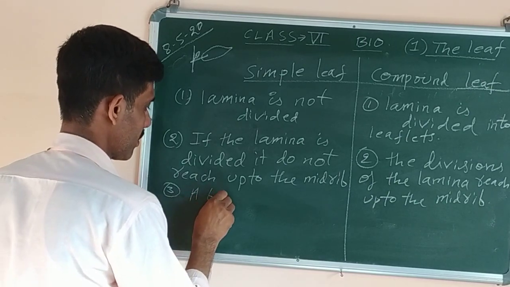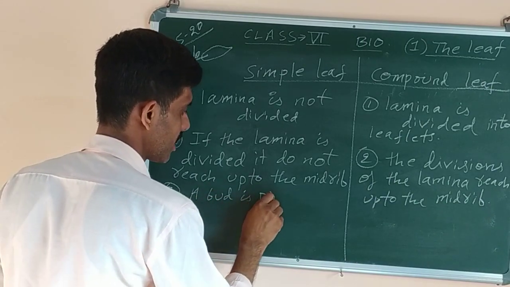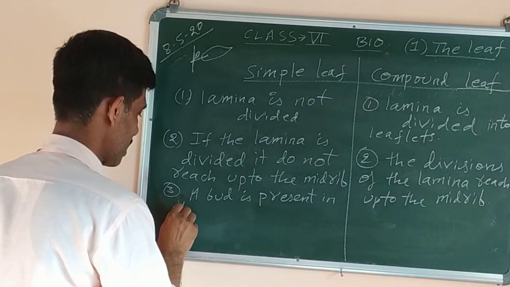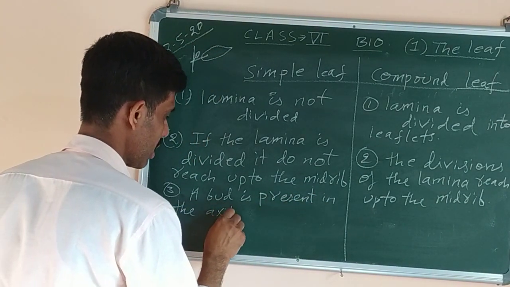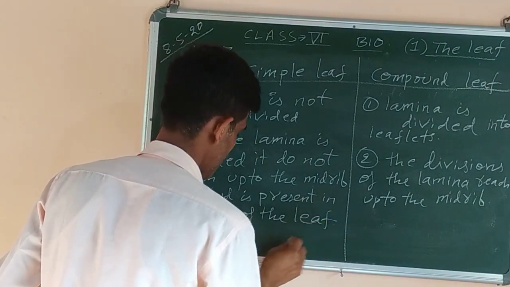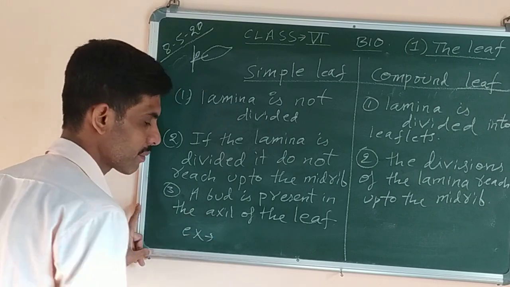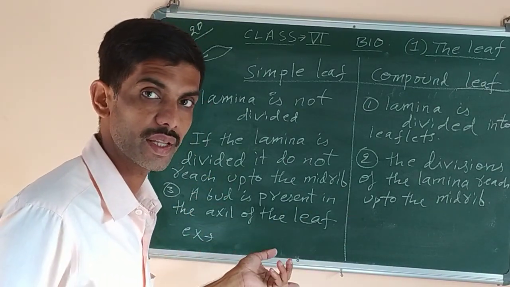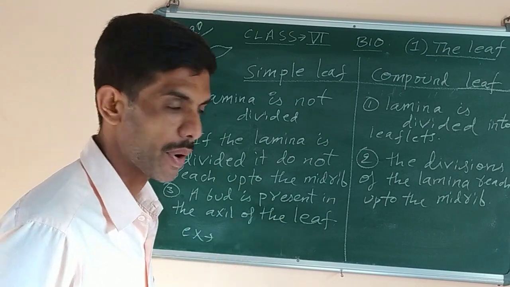A bud is present in the axil of the leaf. But here the bud is not present in the axil of the leaflets. It is present in the axil of the compound leaf.